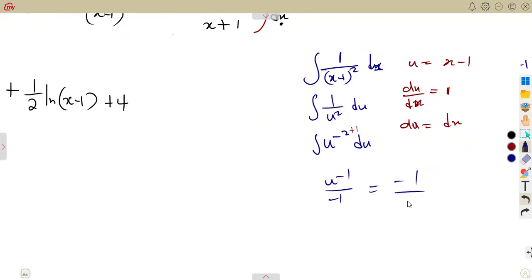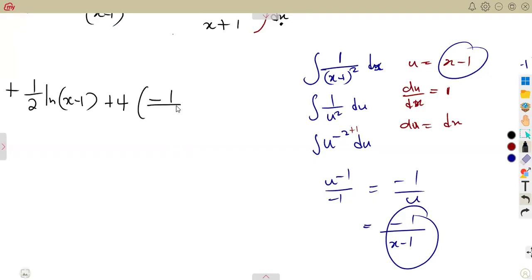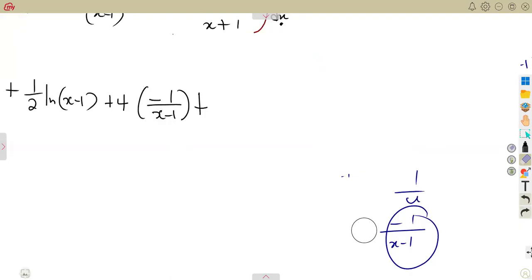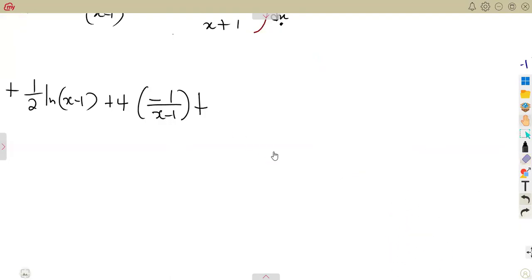That's -1 over u from our simplification. Just drop the exponent there. So that's -1 over our u, which is x minus 1. So we can integrate this, and thus we obtain -1 over x minus 1 like this, plus the constant, right? No, guys, we still have something there. So that is the substitution that you needed on this part.